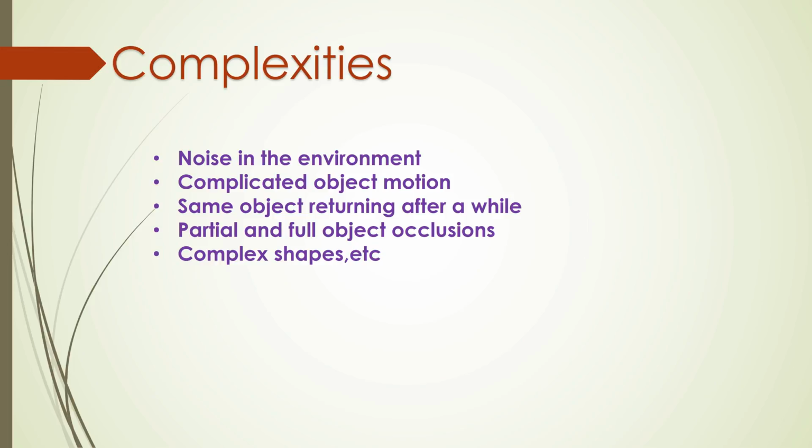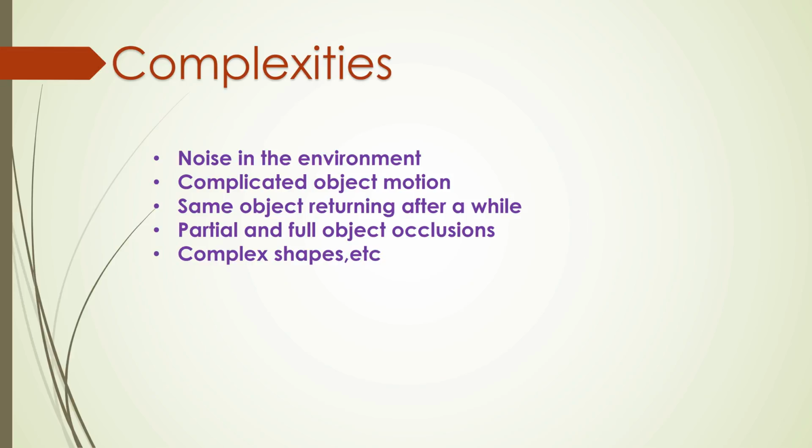Now let's look at some of the complexities involved when it comes to tracking objects in videos. The first thing that comes to our mind is obviously the noise in the environment. Some other complexities are complicated object motion, and the same object returning after a while into the frame. That has to be tracked properly. It has to be classified as the same object.